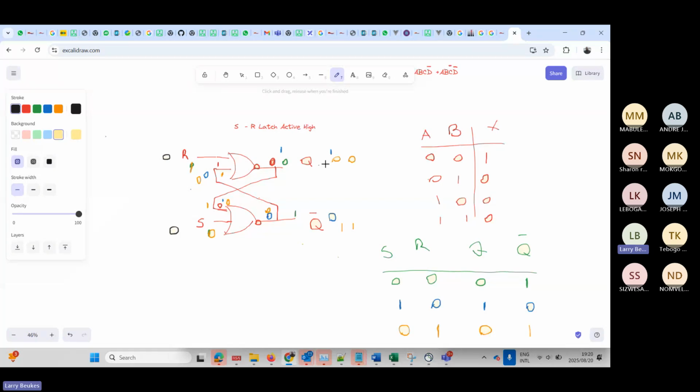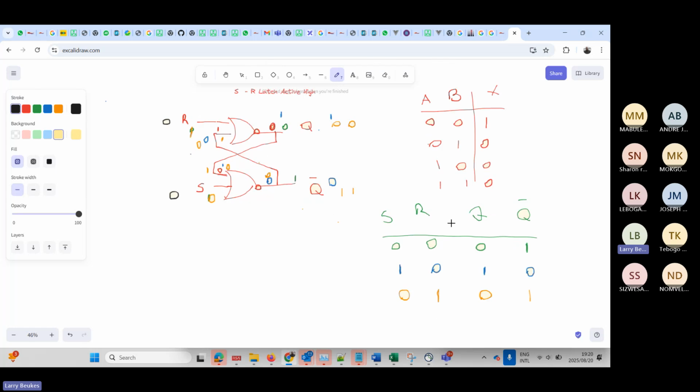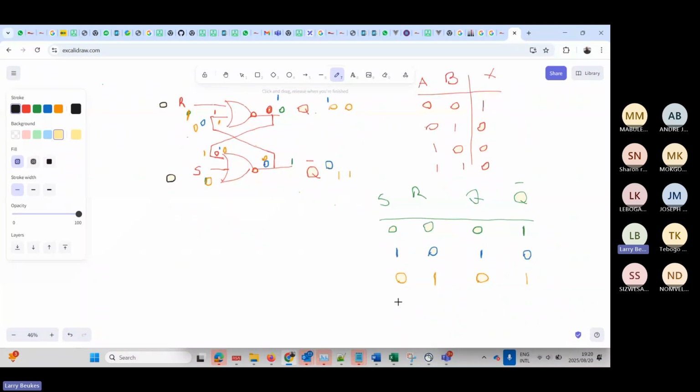If we are here with this output, we know that our Q, for example, was 0 and then our Q naught was 1. So we want this condition of 0, 0. Even in the previous class, I put it here, but I was supposed to put it here first. That's why in the previous class I made a space here, right? So let me go back here, 0, 0.